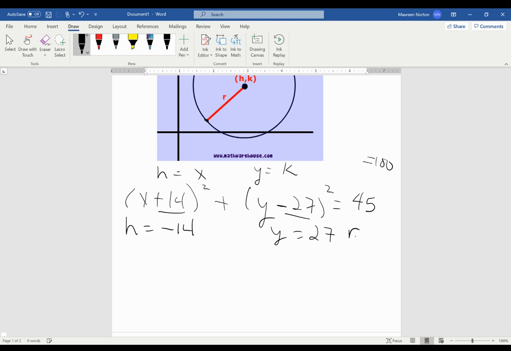And our radius is the square root of 45. We could punch that into our calculator, or we could say that it is the square root of 9 times the square root of 5, which is 3 times the square root of 5.